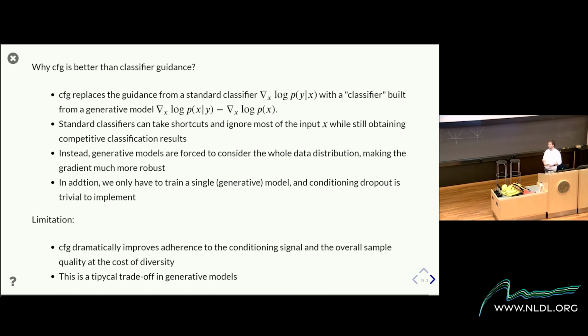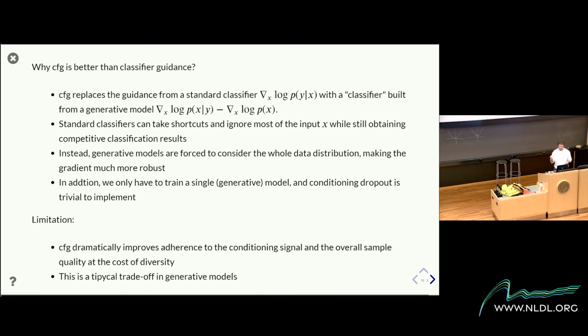They cannot afford to not take into account the length of the nails when they generate a dog. Otherwise, there will be some problem with the image that we get out. And this makes them much more robust when we are taking these gradient steps in our denoising process, when we are climbing these hills of the distribution.